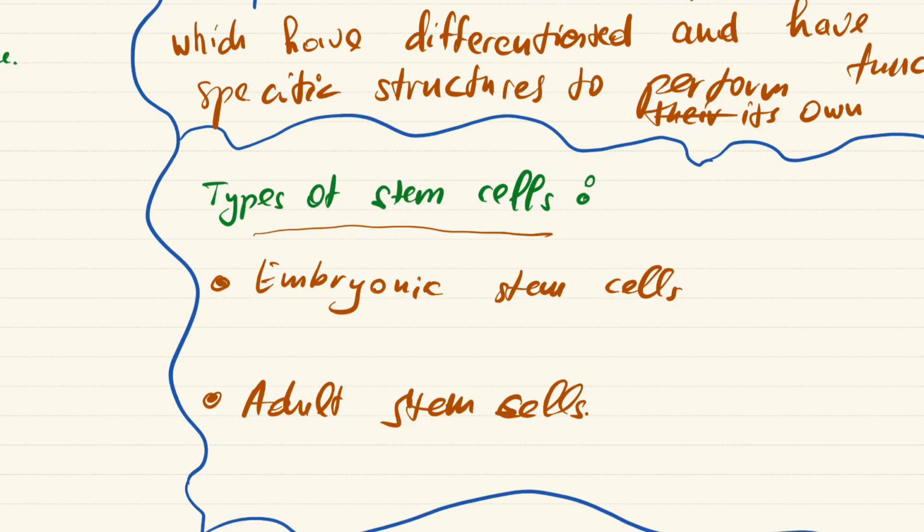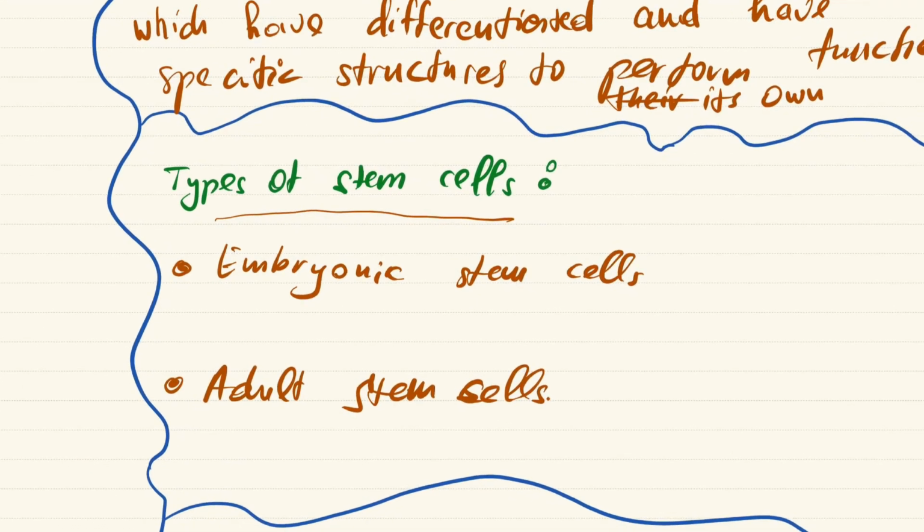The embryonic stem cells are the cells which are taken from the embryo, and they can divide millions of times, and they can differentiate into every kind of cell in the body.